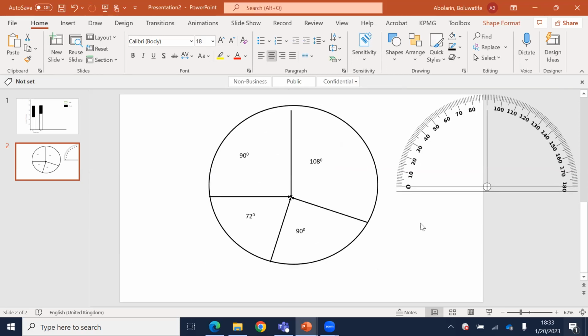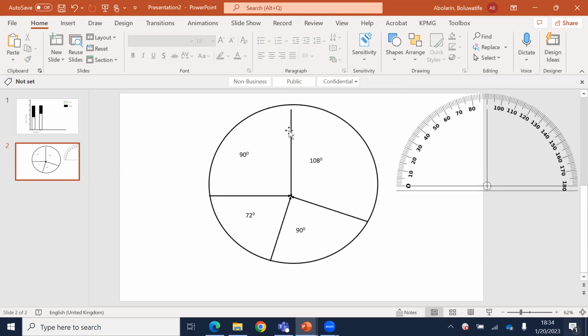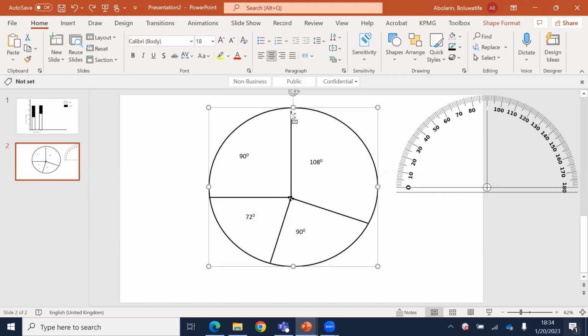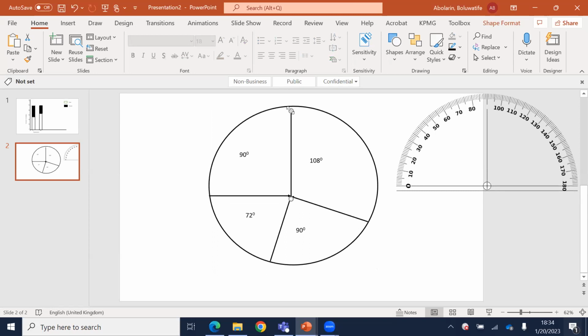So 90%. So that is how we draw our what? Pie chart. So this is what our pie chart looks like.